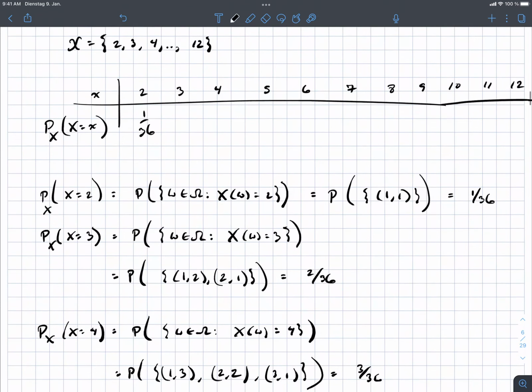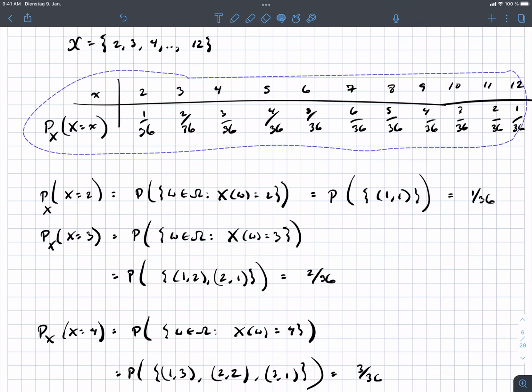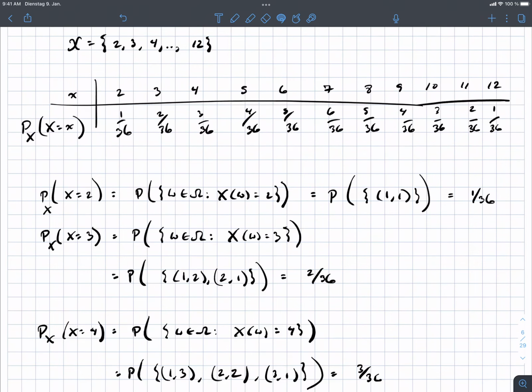And so we find out that this is 1 out of 36, 2 out of 36, 3 out of 36, 4 out of 36, 5 out of 36, 6 out of 36, and then it goes down 5, 4, 3, 2, 1, if you do it all out. All right, so this is how we can describe the probability distribution of this random variable.